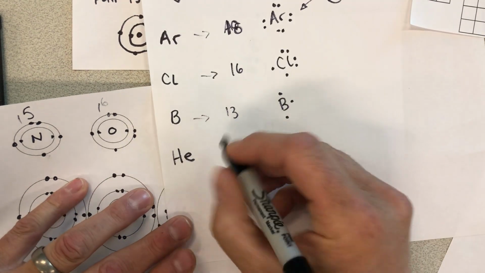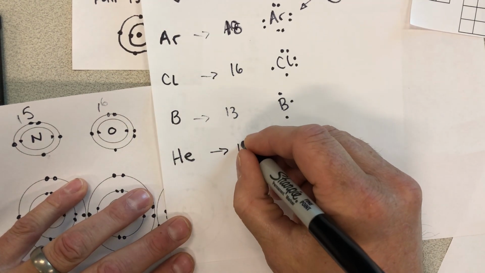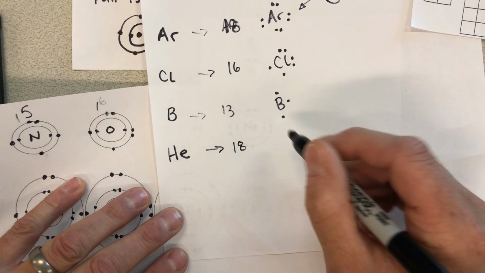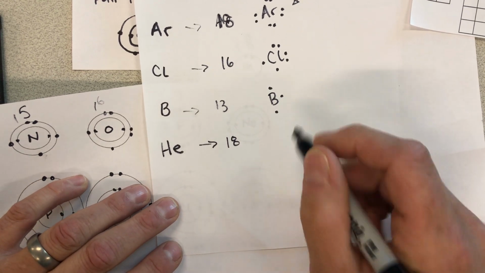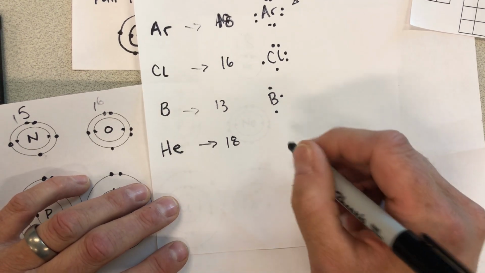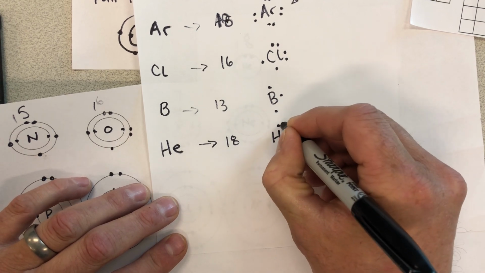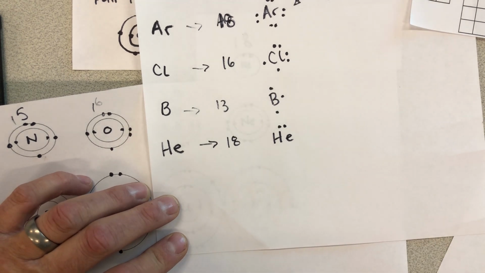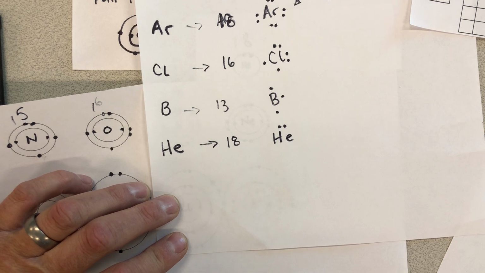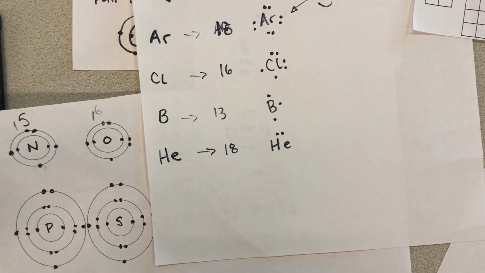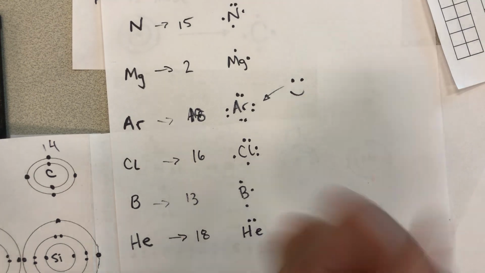And so here, the way you would do this, even though it's in the 18th column, it has what's called a stable duet, and we talked about that earlier in a previous video. So its dot diagram looks like this, with a pair of electrons at the top of the symbol. Okay, so that's how Lewis dot diagrams work. Hope that helps.